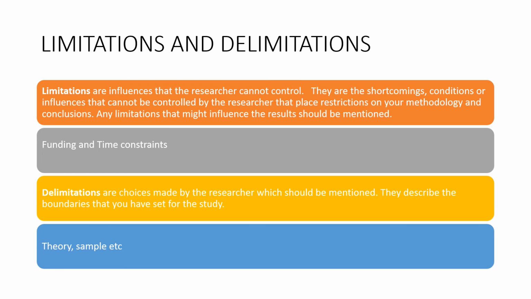As far as the delimitations are concerned, delimitations are the choices made by the researchers which should be mentioned. They describe the boundaries that are set for your study. For instance, if there are a lot of theories that can be applicable on your research, and you choose a particular theory. Okay, you state that.